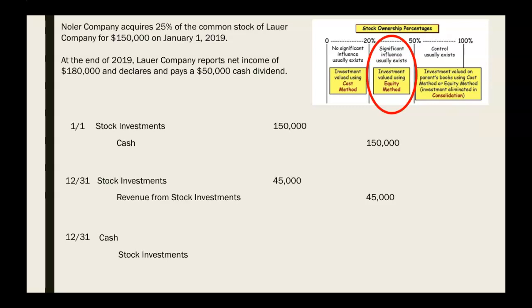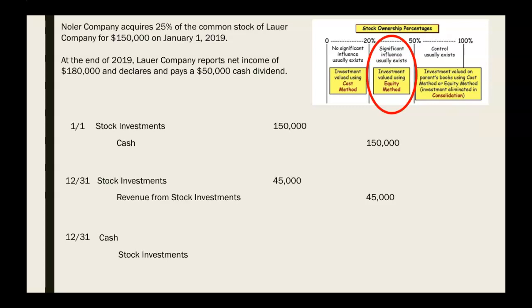So net income makes retained earnings go up. So that's why we debited stock investments there in our second entry. But here, whenever a company pays out dividends, that makes a company's retained earnings go down. So your stock investments will be credited when you are recording this cash dividend.